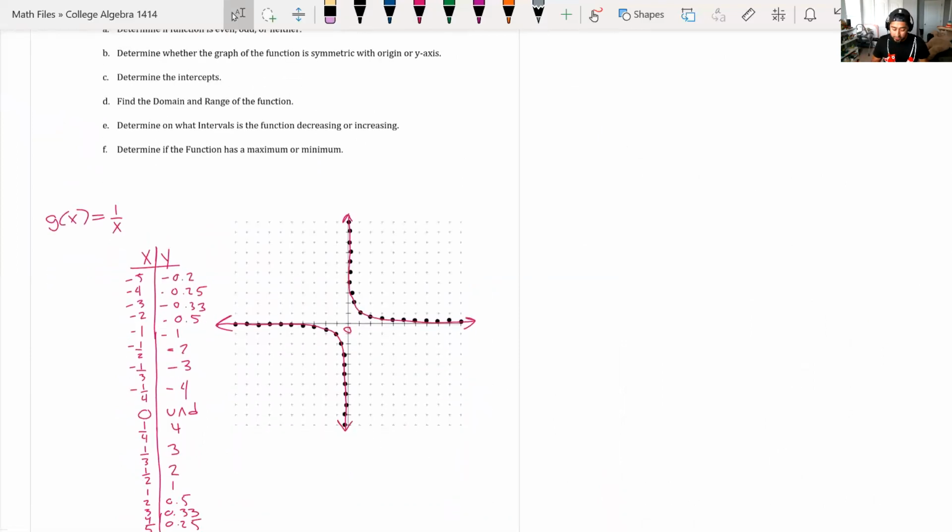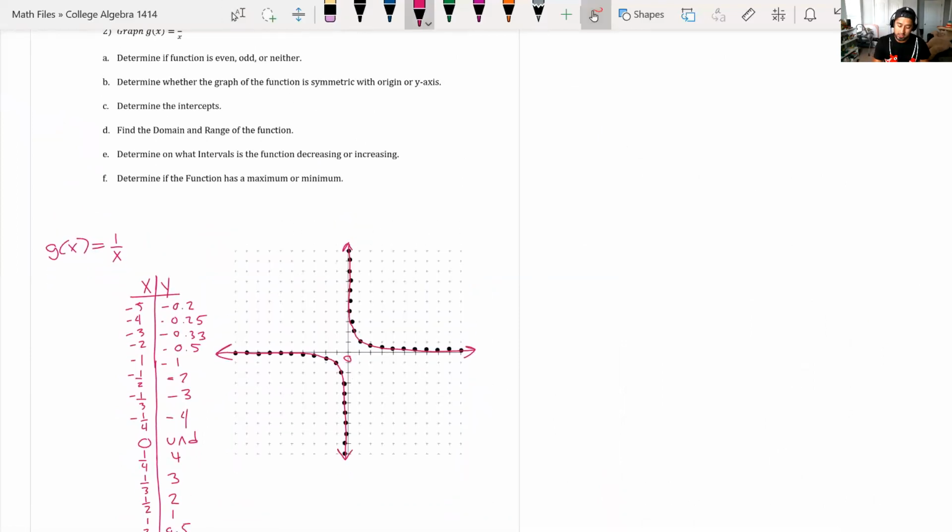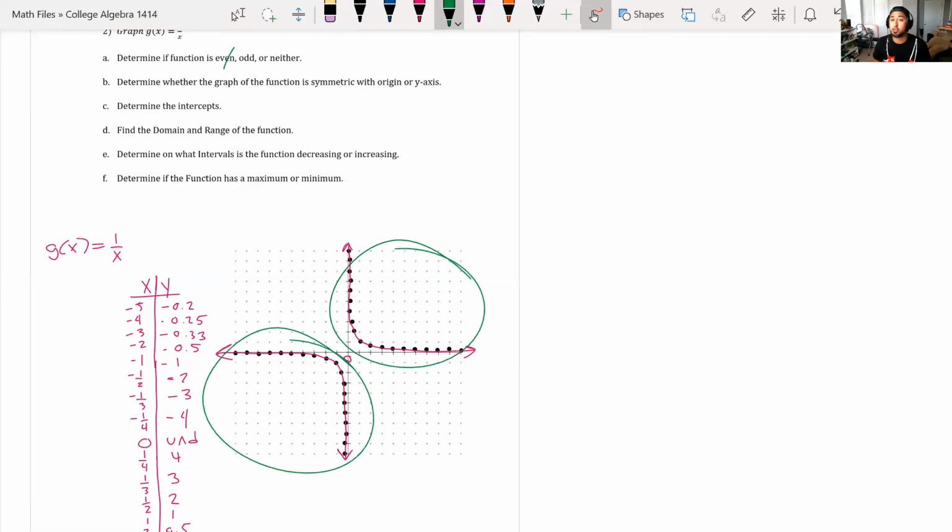All right, so once again, answer questions about it. Even, odd, or neither. If it's even, do we reflect across the y-axis? Does this graph reflect in this quadrant? No. Does this graph reflect in this quadrant? No. So we do not reflect over the y-axis, which means we are not even. Do we reflect across the origin? Does this graph reflect across the origin here?